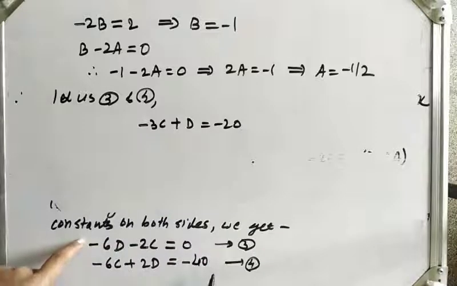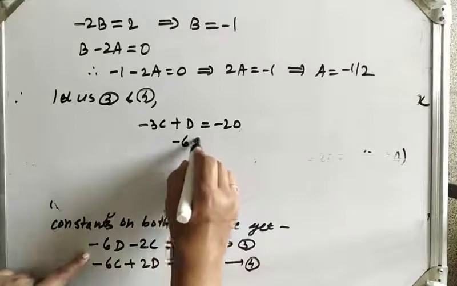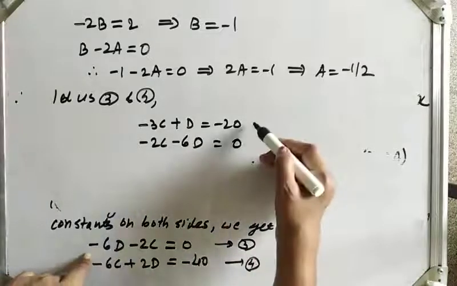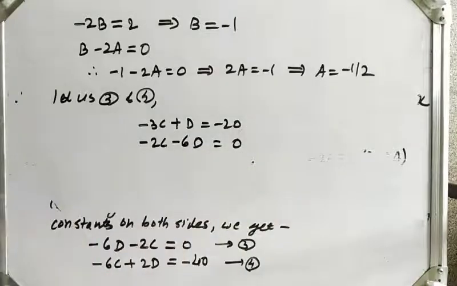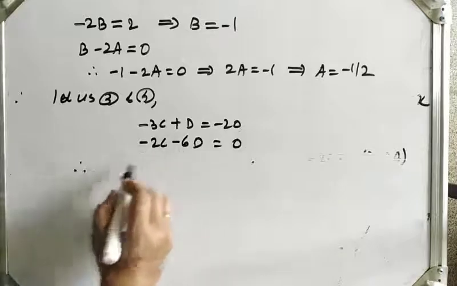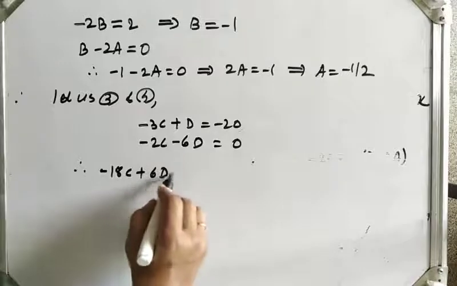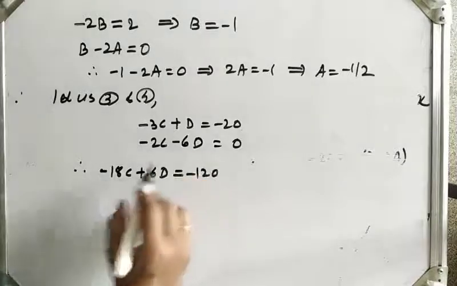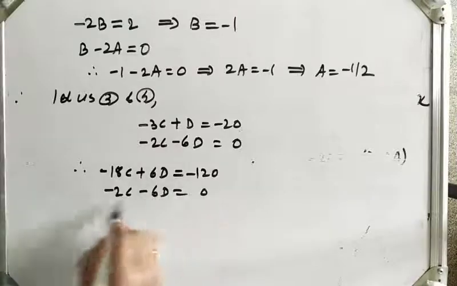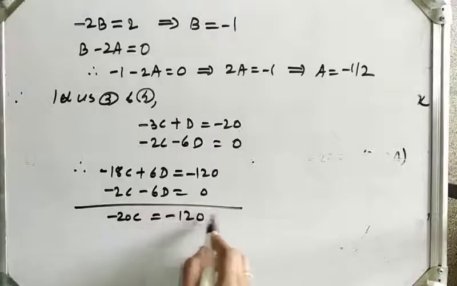Equation 3 is minus 6d minus 2c is equal to 0. Let us multiply this equation by 6 and add it. Multiplied by 6, minus 18c plus 6d is equal to minus 120. This equation as it is, minus 2c minus 6d is equal to 0. After addition, minus 20c is equal to minus 120.